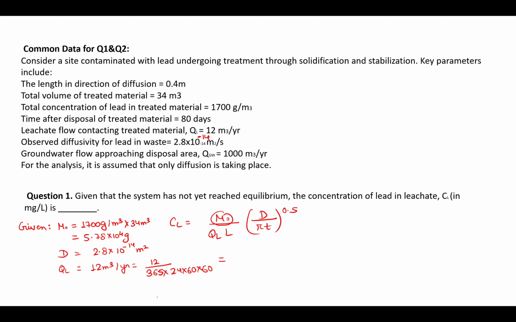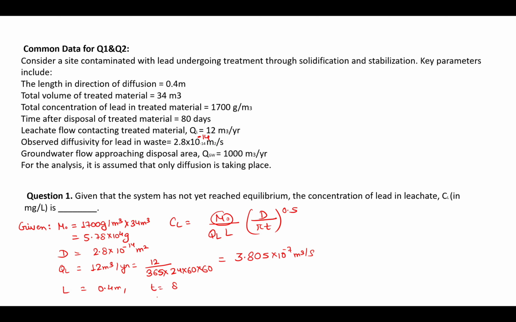After solving this, we get the leachate flow rate as 3.805 into 10 raised to the power minus 7 meter cube per second. Capital L, the length in the direction of diffusion, is given as 0.4 meter, and small t, the time after disposal of the treated material, is 80 days.